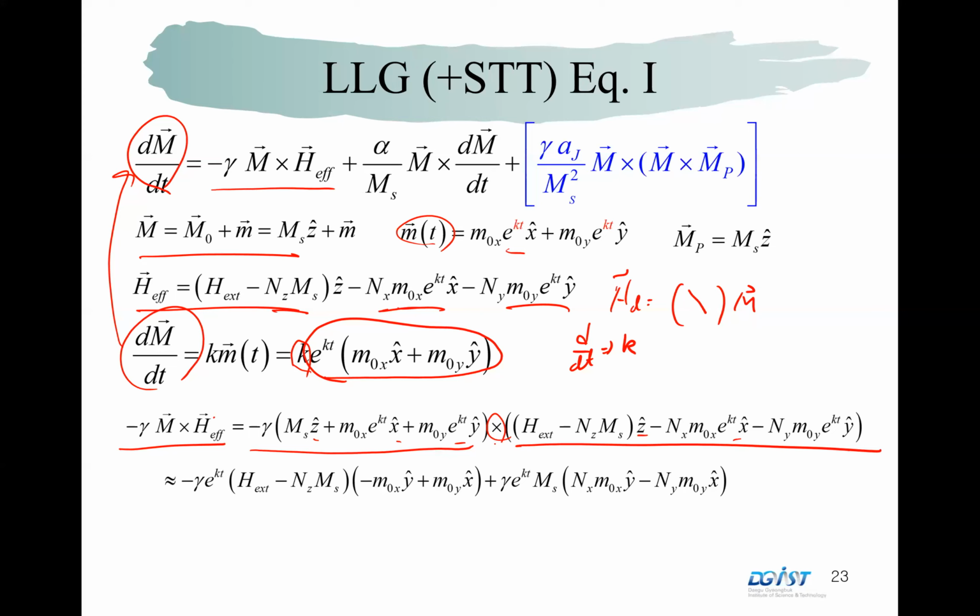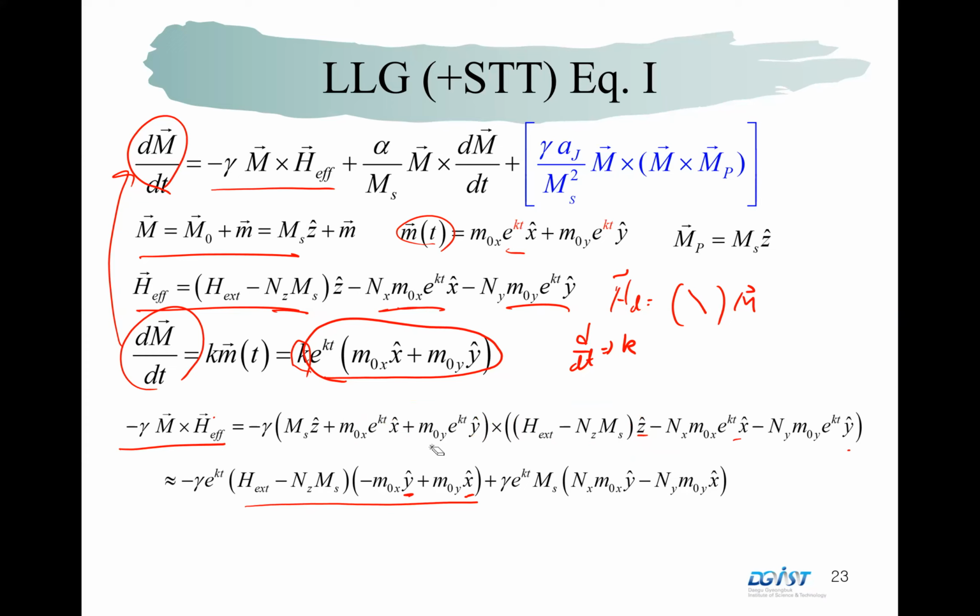Let's think about the first term. When you multiply this g component with this one, the g component disappears because the cross product between parallel vectors is 0. So only this term survives. This is what we wrote down here. And we multiply the k, the g with x and y, we have minus y and x. So this is the first term.